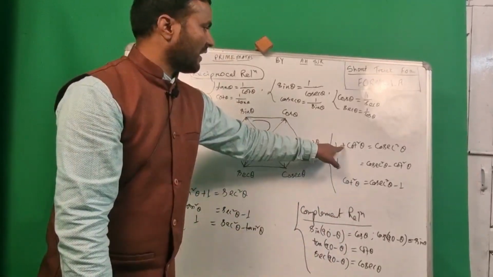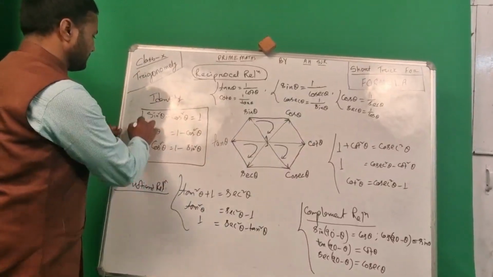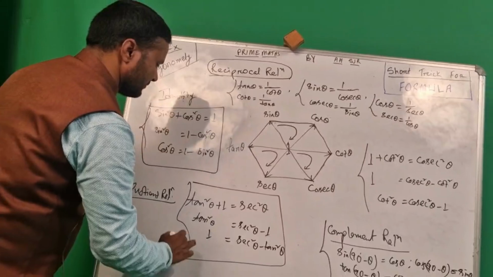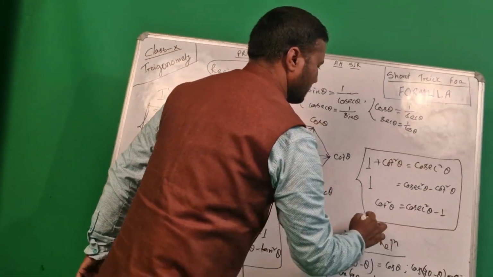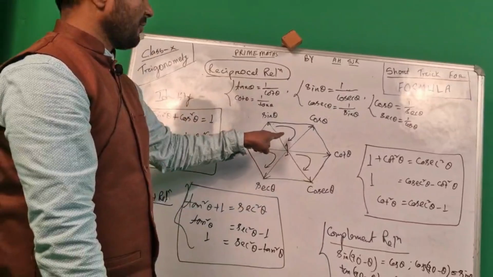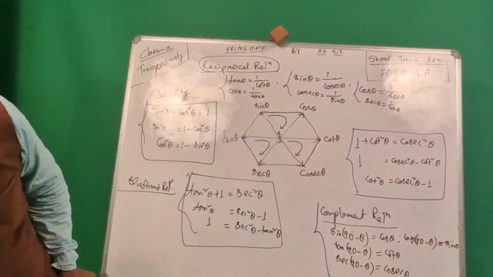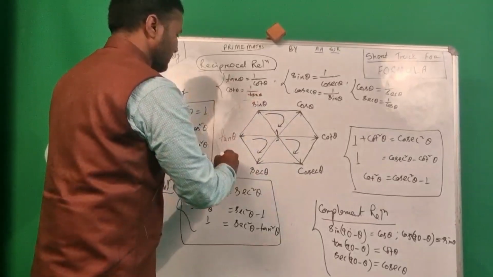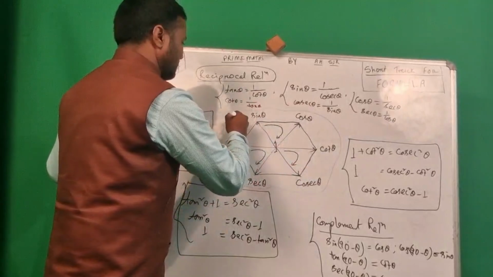As I told you, this is identity, this one, this one, this one. So these identities you will remember from the arrow marks of this hexagon. Don't be confused, this one is the hexagon.